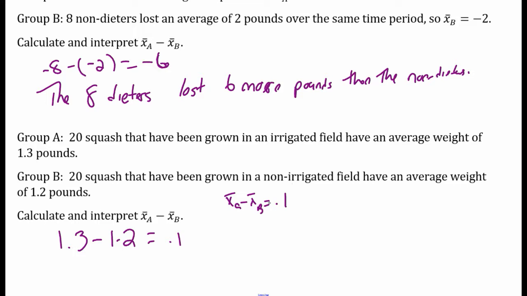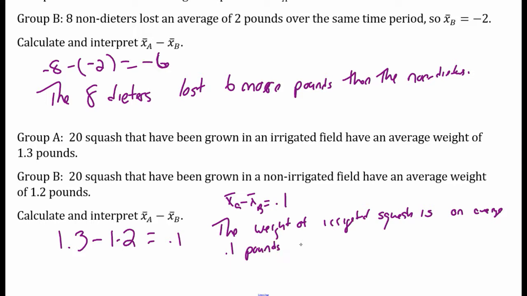What does that 0.1 represent? That means the weight of the irrigated squashes is on average 0.1 pounds larger than the non-irrigated ones.